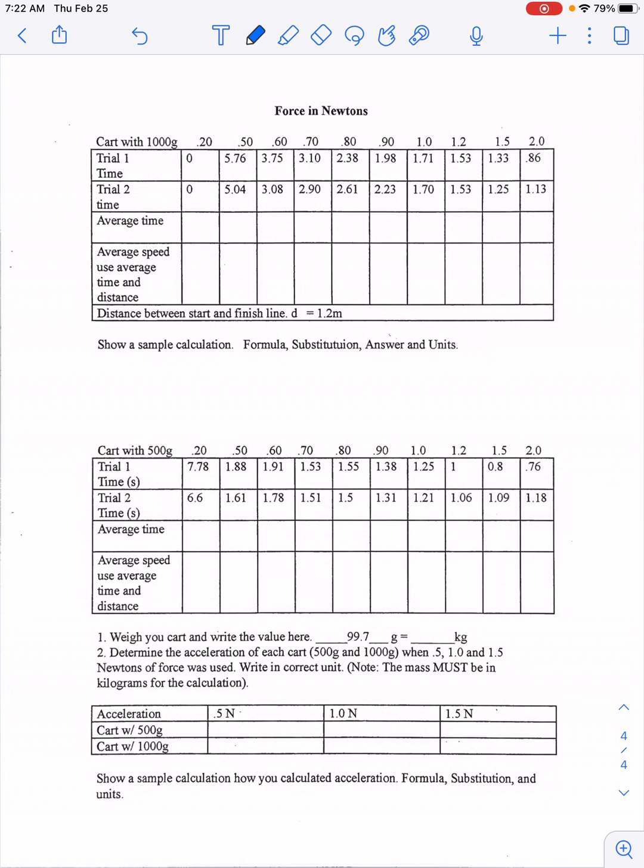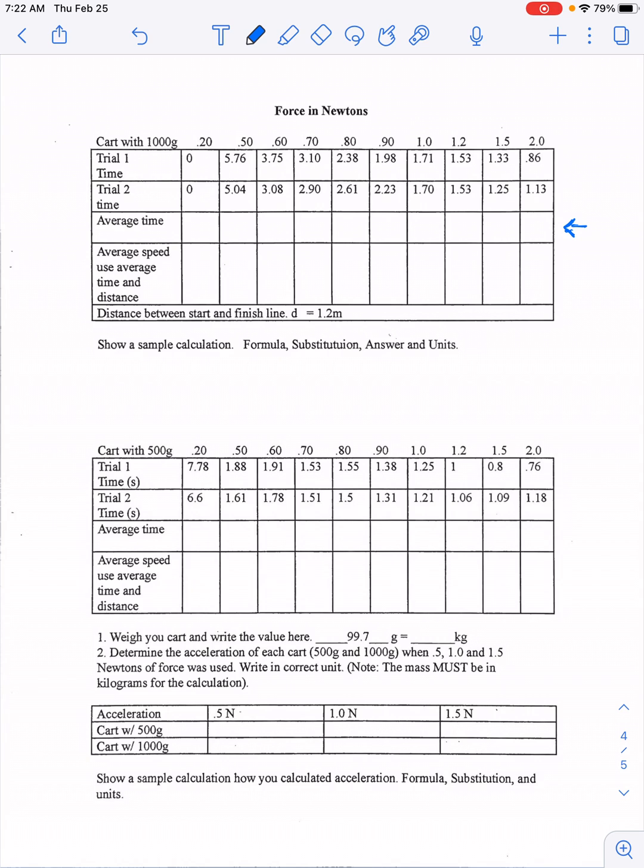So first of all, average time, right? We started this in most of the classes last class, but if your group was a little slow in gathering the data, remember, we want to take an average of the two numbers, which means we're going to add these two numbers together and then divide by the number of numbers that went into the problem.